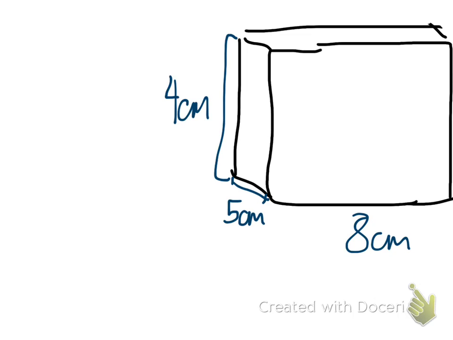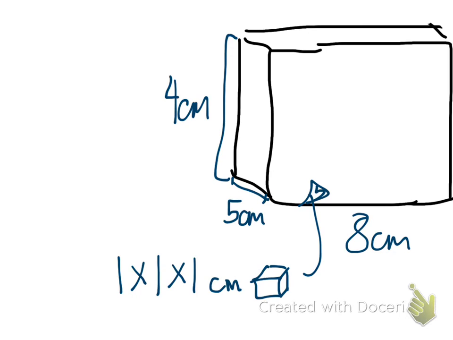If I were to fill this with unit blocks, so 1 by 1 by 1 centimeter little blocks, the question is, how many of these blocks are going to fill this large shape?